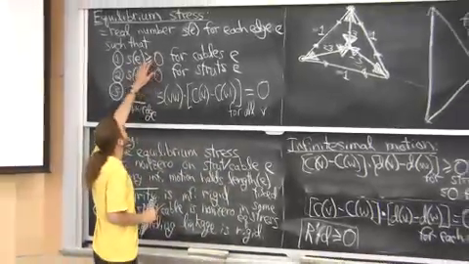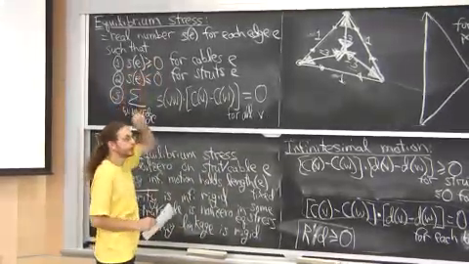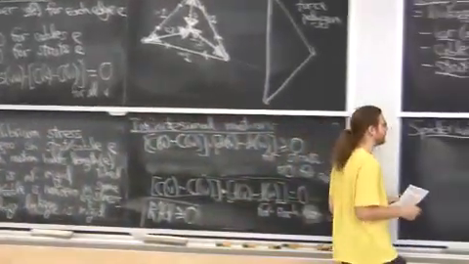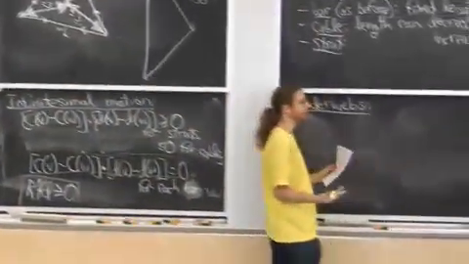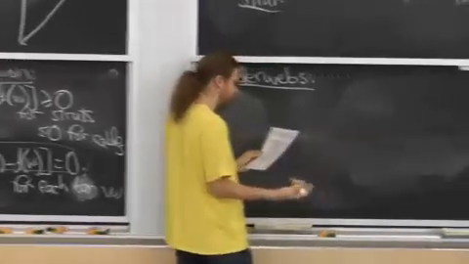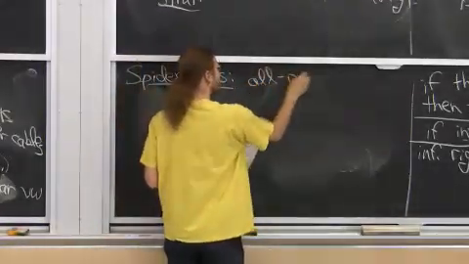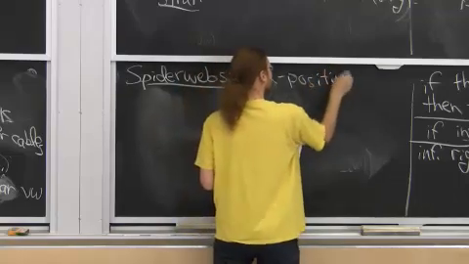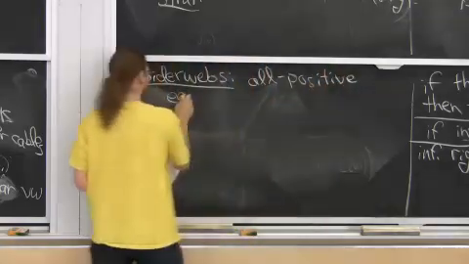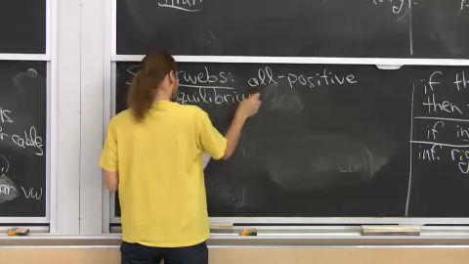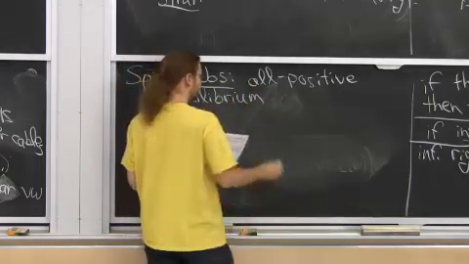All of the edges can have a positive stress, and it will be in equilibrium. And in spider webs, in fact, these two, rigidity and positive stresses, are the same thing. This is sort of a special case. And Connelly studied these in 1982.